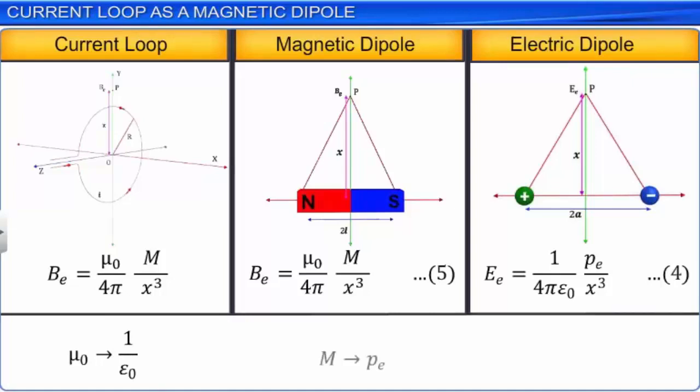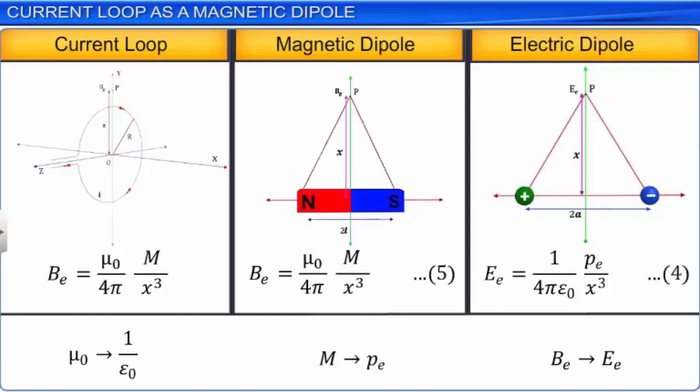M is analogous to PE. That is, the magnetic dipole moment is similar to the electric dipole moment, and BE is analogous to EE. That is, the magnetic induction is similar to the electric field intensity.